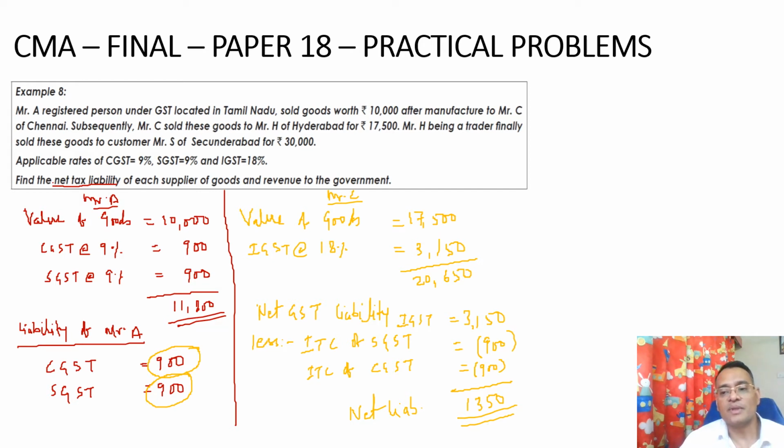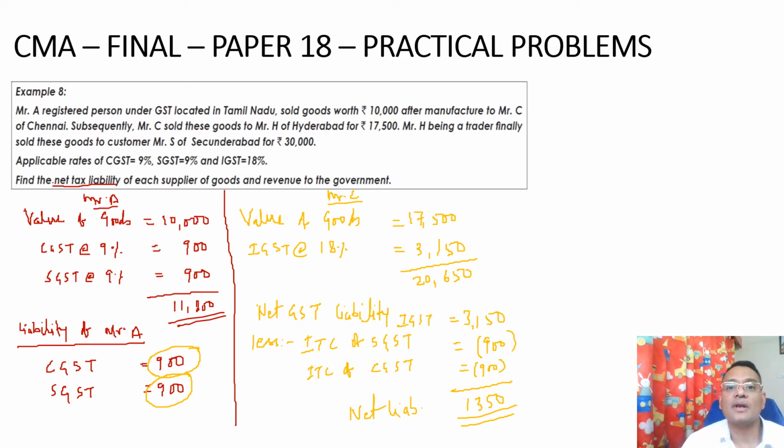IGST revenue goes to the central. So this will be the revenue of the particular state governments.